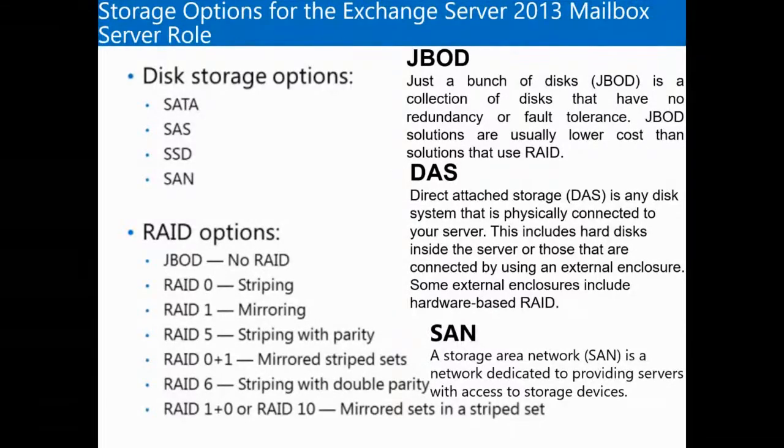For RAID 1, used for mirroring, it increases fault tolerance by placing a redundant copy of data on 2 disks. Read performance is faster than a single disk, but write performance is slower than RAID 0. Half of the disks are used for data redundancy.